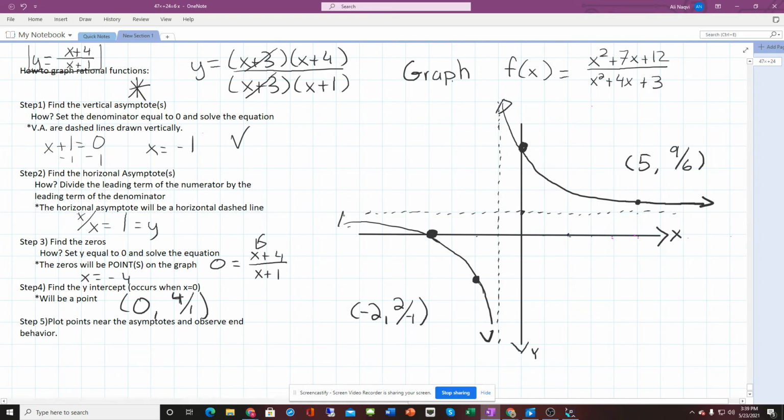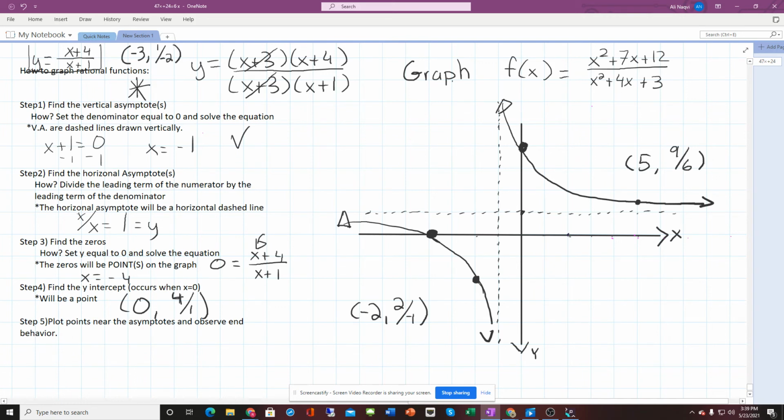Now, there's one thing we actually have to keep in mind. Remember how I said we have a removable discontinuity at x equals -3? So if I pick the point -3, I'm going to get -3 plus 4 is 1, and -3 plus 1 is -2.